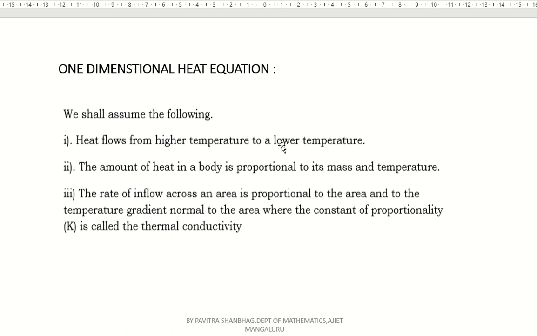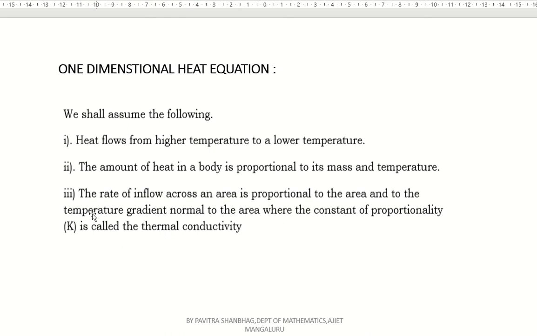Second point, the amount of heat in a body is proportional to its mass and temperature. These are the empirical laws you have to remember. Third point, the rate of heat inflow across an area is proportional to the area itself and to the temperature gradient normal to the area, where the constant of proportionality K is called what?